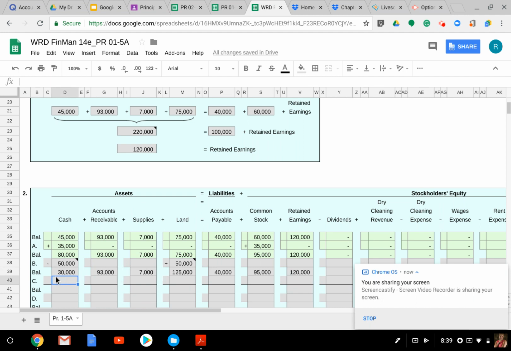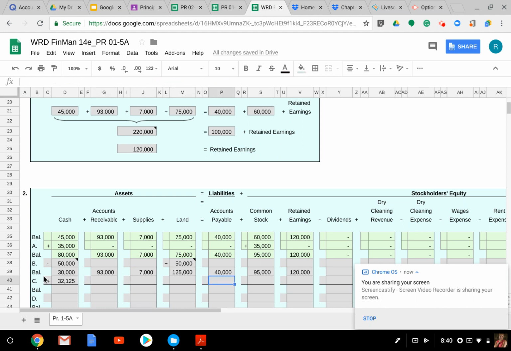If we go to C, C tells us that we received some cash, so that's going to increase cash by the amount of $32,125. You're going to do the balances all the way down. What I'm going to do now is just do the transactions. Why do we receive it?